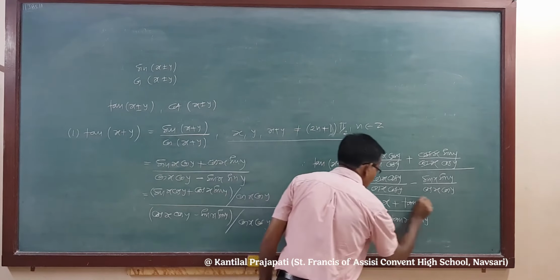Now we derive the formula of tangent of x minus y. It's very simple. We have to replace y by minus y in this formula, which we call number 1, and apply the even-odd function property to get tan(x minus y).